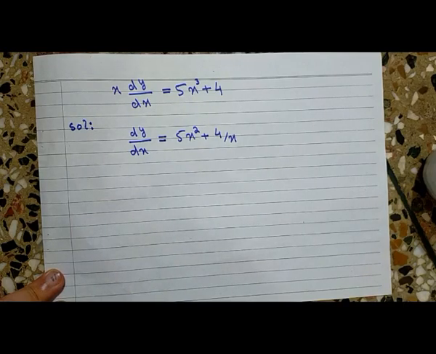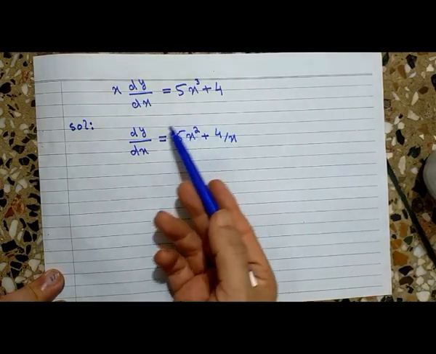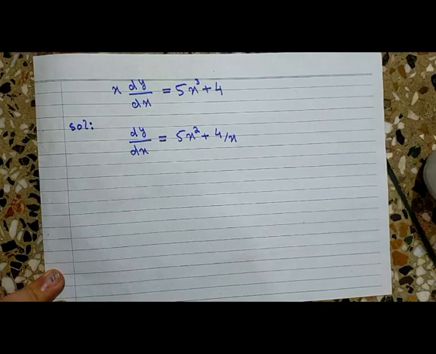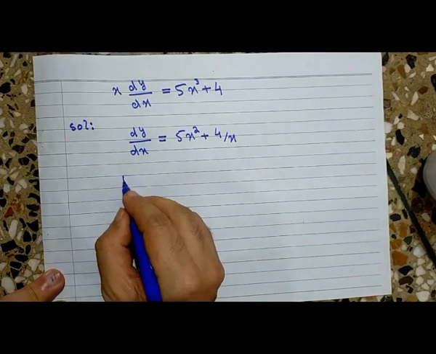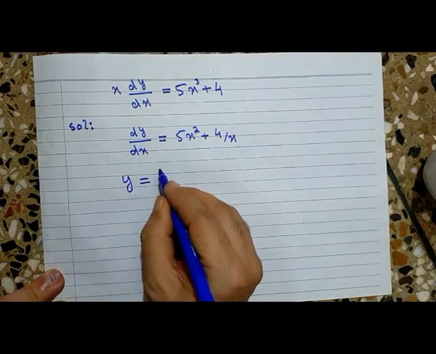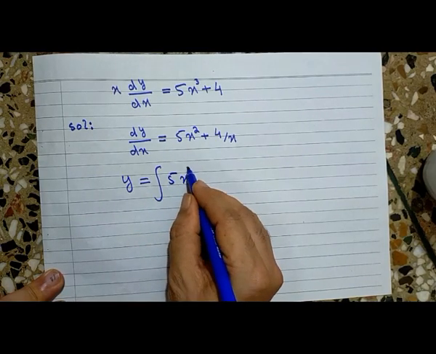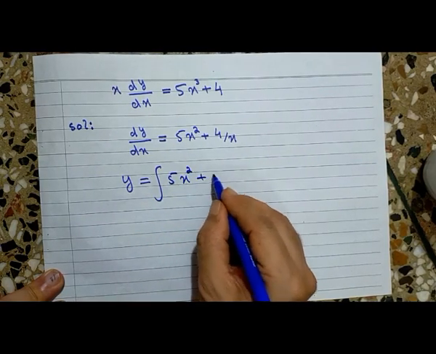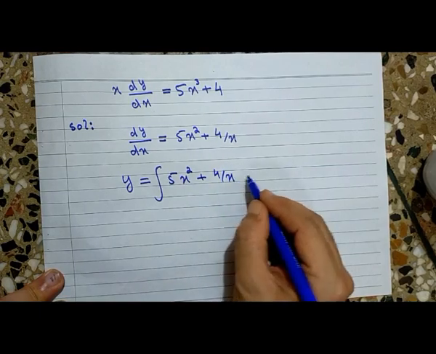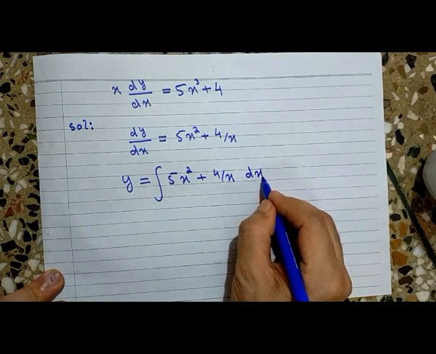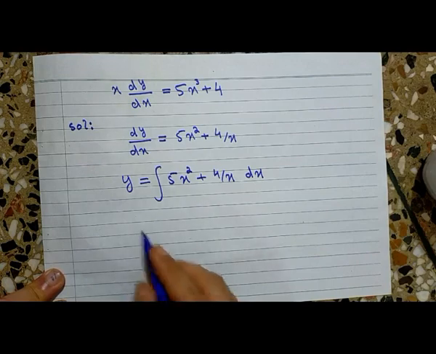Well, now it is a straightforward matter of simple integration. So y will be the integral of 5x² + 4/x dx.